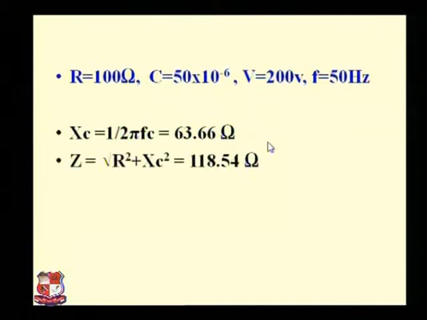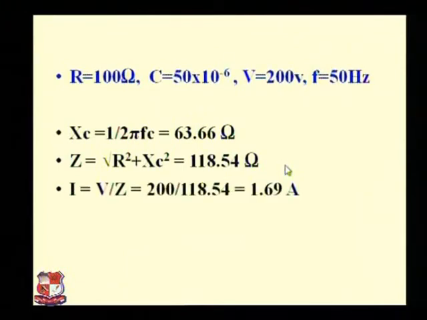Now next value is impedance. Now impedance of this series RC circuit is given by the equation under root R square plus Xc square equal to, if I put 100 ohm square plus 63.66 square, I get 118.54 ohm.